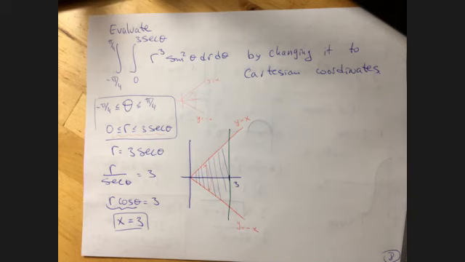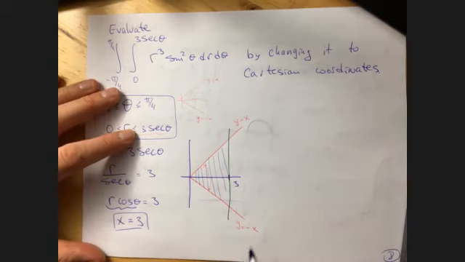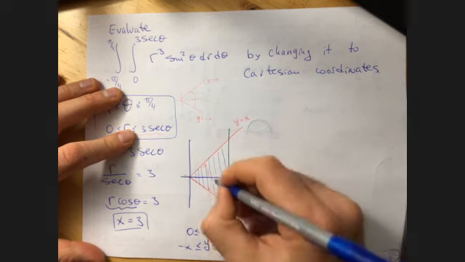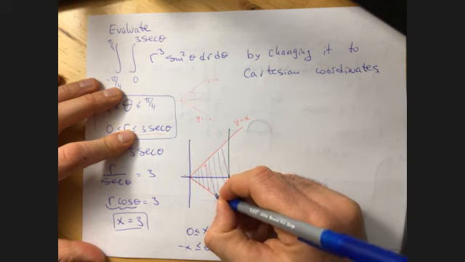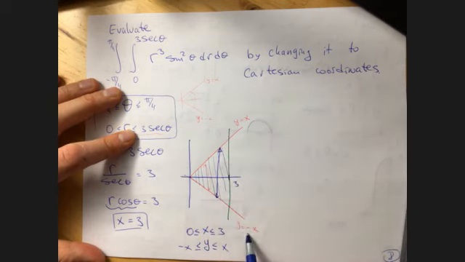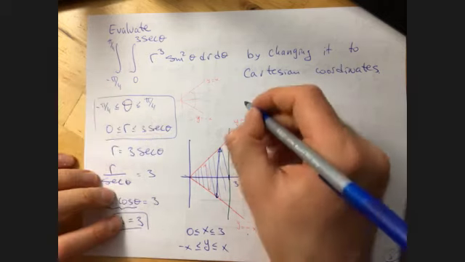Okay, so how is this region going to be represented in Cartesian coordinates? Here, x goes from 0 to 3, and y obviously goes from the line negative x to the line positive x, right? y goes from here for each different x. y is above the line negative x and below the line x. Okay, and at the end we need to deal with the integrand.